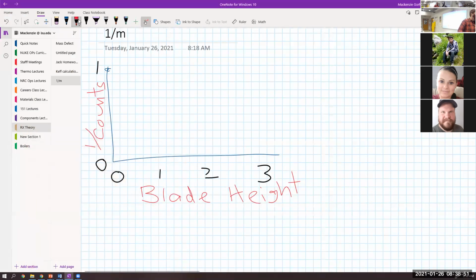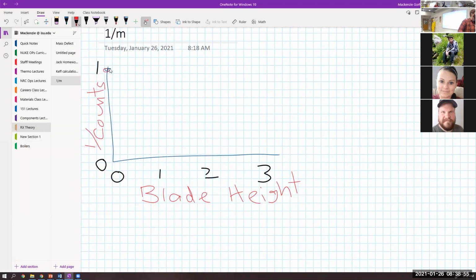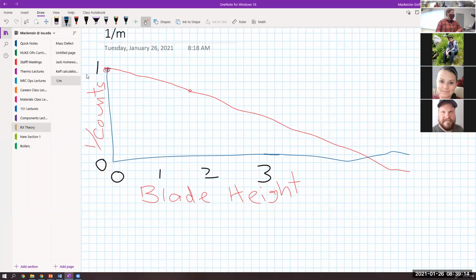Here, let's do it with this color. Here's our first data point. And then 0.77 and 2, let's say that's right here. If I were to draw a straight line between these, I would cross that axis somewhere over here. Sorry, these are really not straight lines because I'm using my mouse. I apologize, guys.